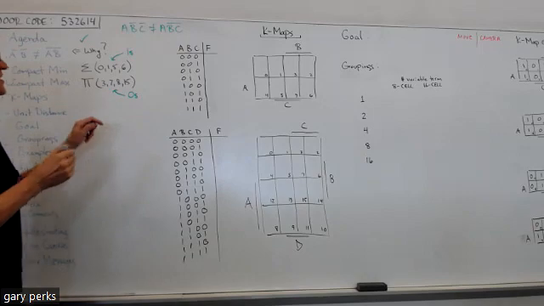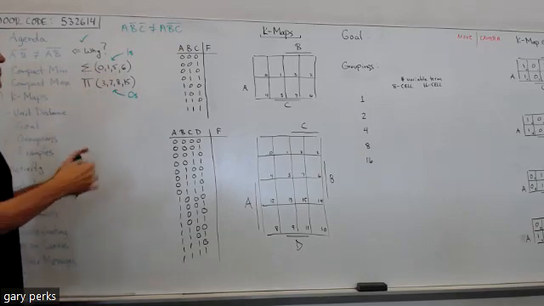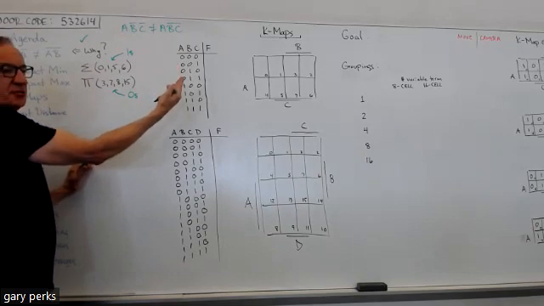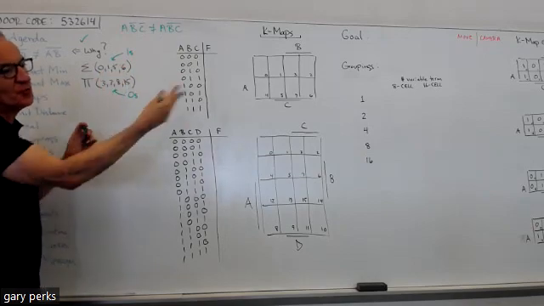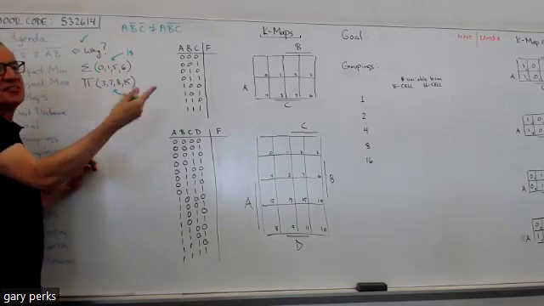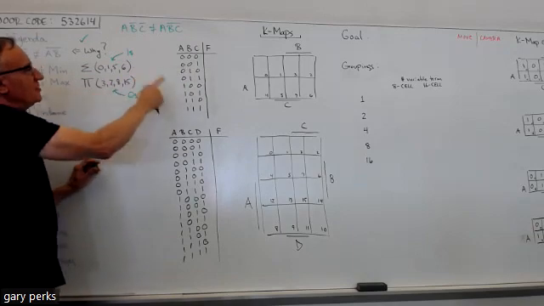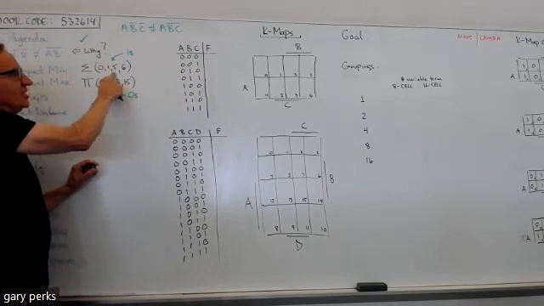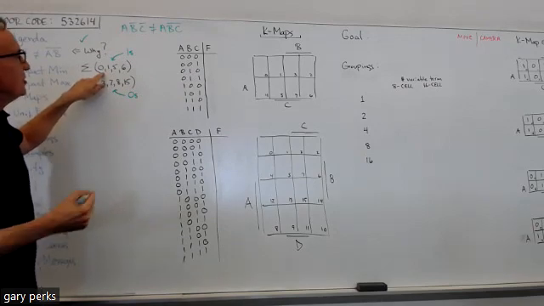Okay? So for example, if we have this compact min and we then generate the truth table from it, assuming that this is an 8-row truth table, we only go 0 through 6. It could be more rows, but it has to be at least 8 rows. So we'll just go with 8 rows. Say this is the truth table for this compact min. Well, these are the inputs where the output is a 1.